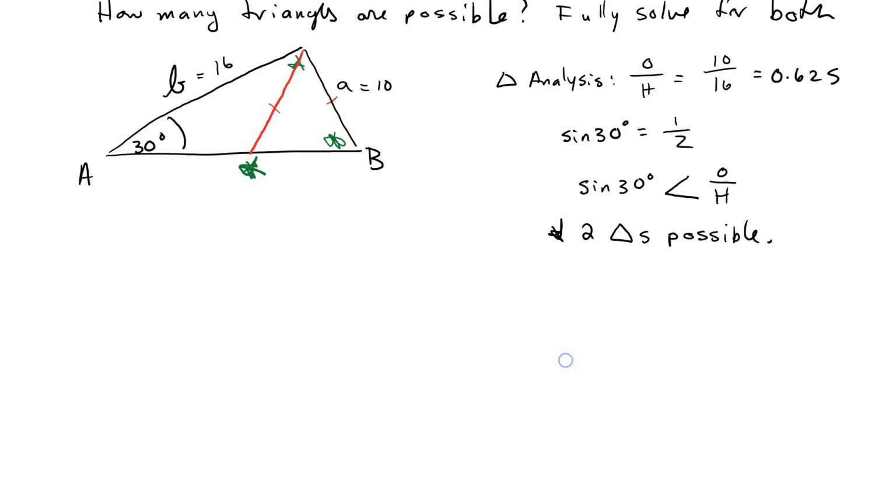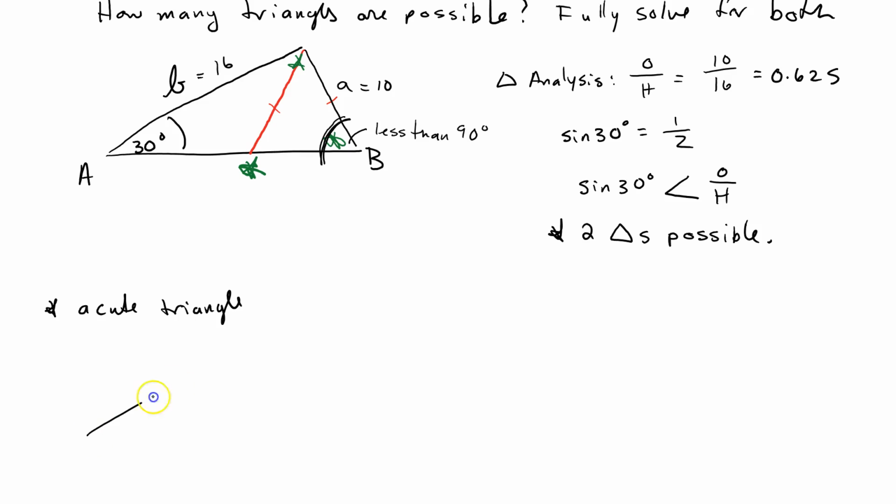First things first, let's solve for the acute triangle. That means this angle here is less than 90. It's the bigger triangle. That's what's a little confusing about it. It's the bigger triangle, but it has the angle that is less than 90.